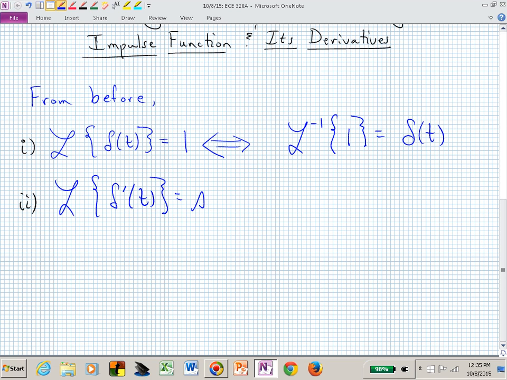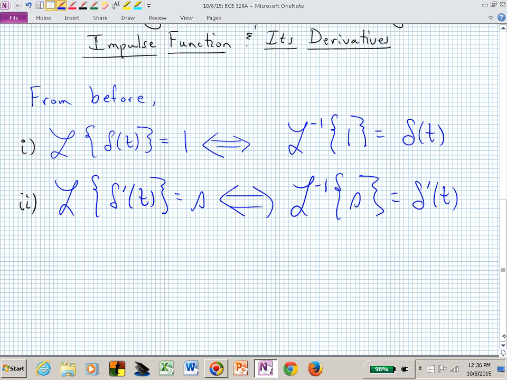you can show, and that's what I showed at the bottom of last time's lecture, this is now S in the frequency domain. If you Laplace transform the derivative of an impulse, that gives you an S in the frequency domain, which now means that if you had an S term sitting by itself in your expansion for, let's say, capital F of S, you would take that into the time domain, and that corresponds to the derivative of the impulse.